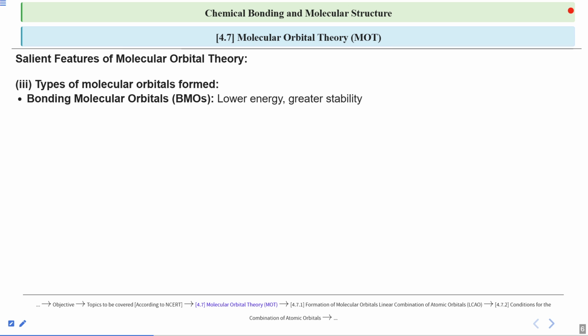Now, two kinds of molecular orbitals are possible. First is bonding molecular orbital, which will have a lower energy and a greater stability. And the second type is the anti-bonding molecular orbital. There is one important point here. I have not mentioned it here because it is not in your syllabus.